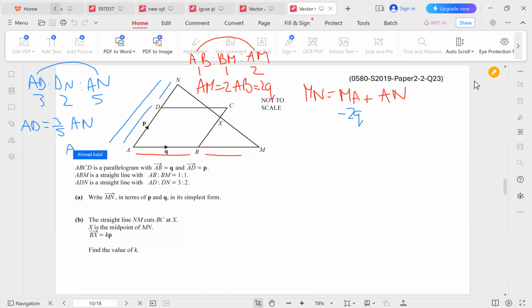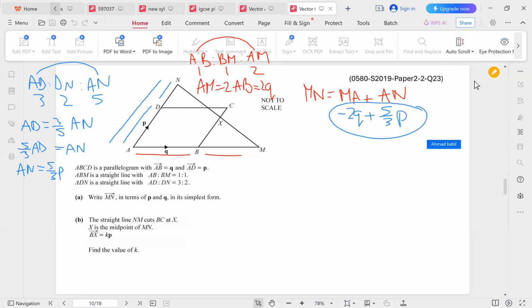Or AN equals 5 over 3 AD. And AD is equal to P. So AN equals 5 over 3 times P. You can write this down as AN here. And that would be the answer to MN. So this is the first answer.